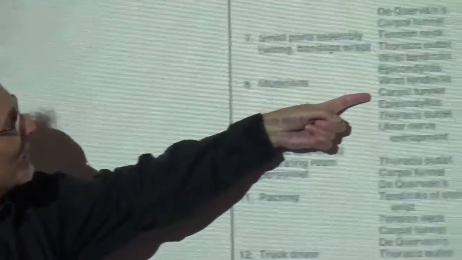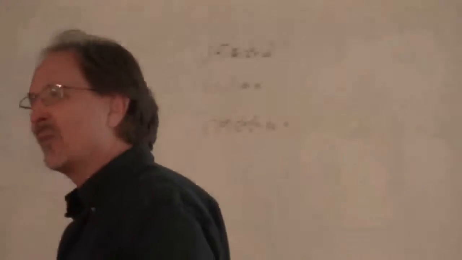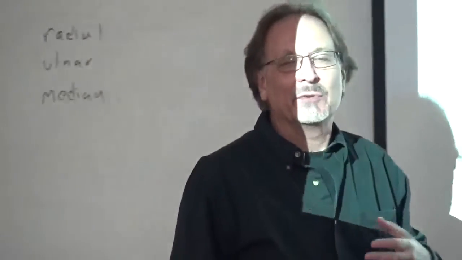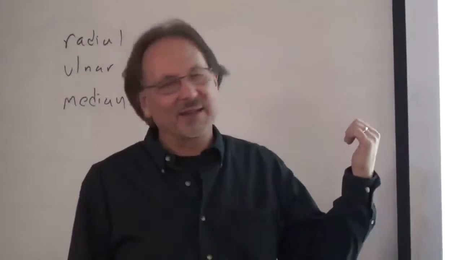First tendonitis, carpal tunnel, epicondylitis, thoracic outlet, depending on what you do. What can be more repetitive than playing a musical instrument? Guitar, piano, drums. They're very repetitive activities, and if you do it occupationally, you're very likely to contract a lot of these conditions.